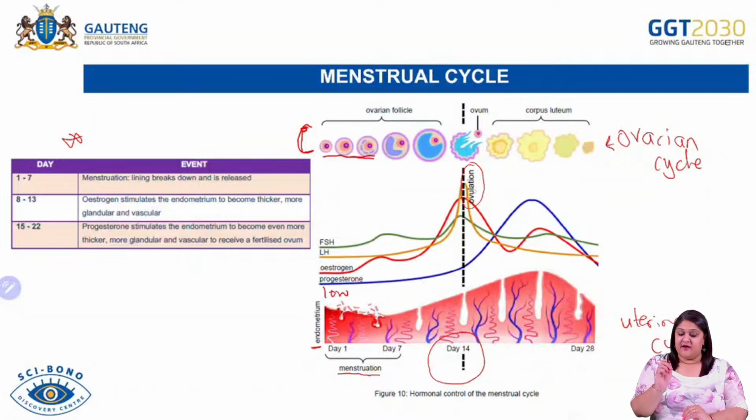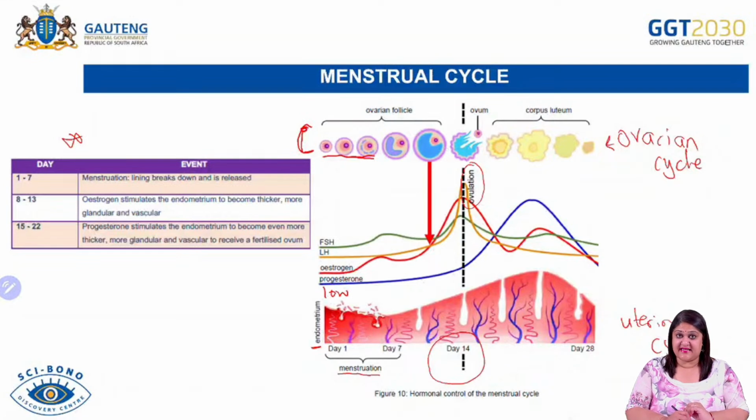Why? FSH is called follicle stimulating hormone. That one is going to be secreted by the pituitary gland, and its name explains exactly what it does. It stimulates the follicle to develop. So we've got the follicles developing into the Graafian follicle, and that Graafian follicle is then going to secrete estrogen.